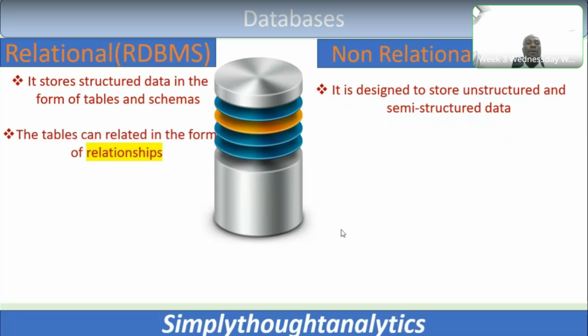So the tables are connected with a relationship. And what is the meaning of a relationship? For example, we have a customer table that contains all our customers, their names, their geographical location, their zip code, and everything related to them.